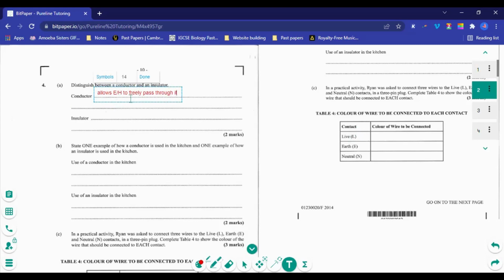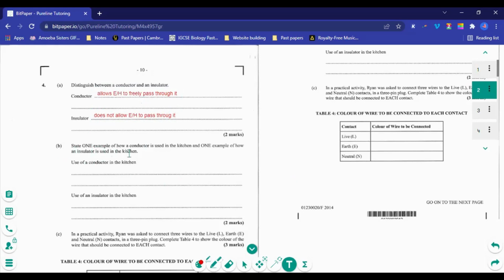So it allows electricity, or heat, to freely pass through it, while the insulator does the opposite. It does not allow electricity or heat to pass through it. Simple enough, you get your 2 marks here.